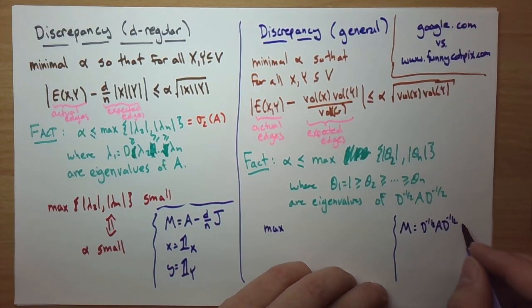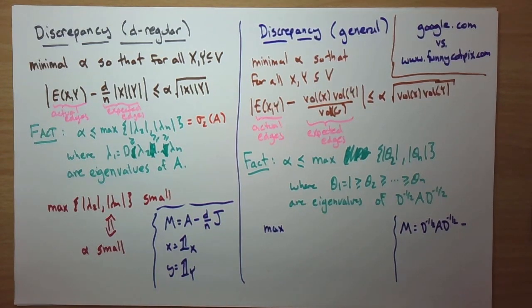And then you subtract, I want to make sure I don't mess this up. I have to think about this for a second. Sorry. Okay, what's the eigenvector for the all... Okay, yeah.